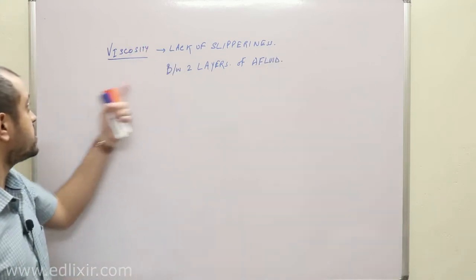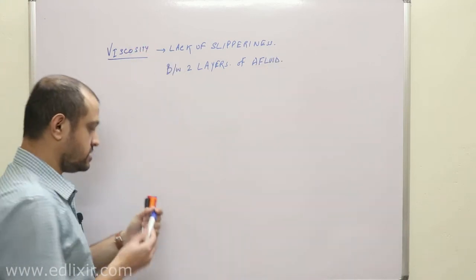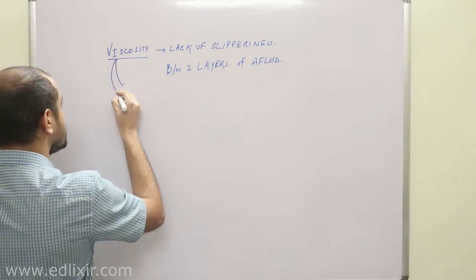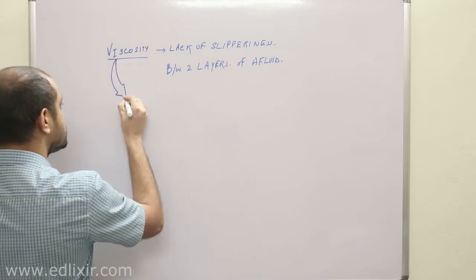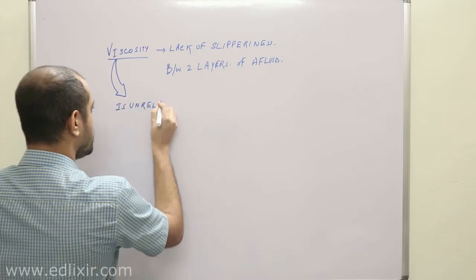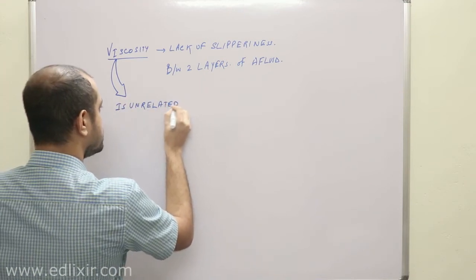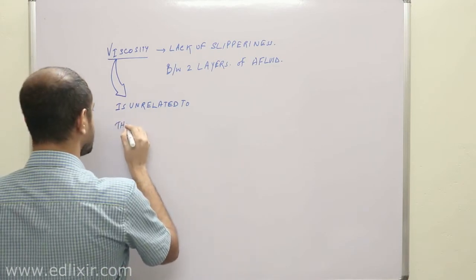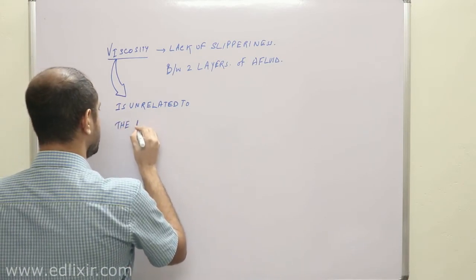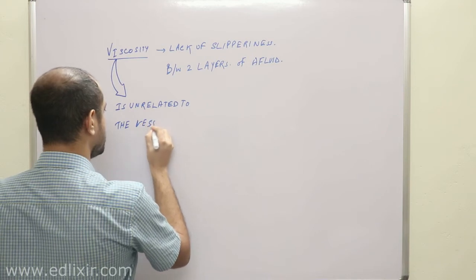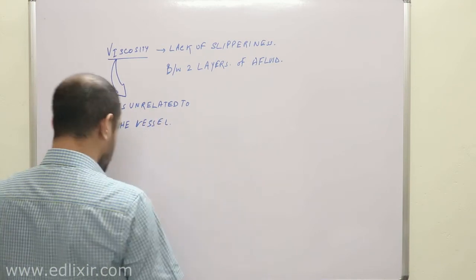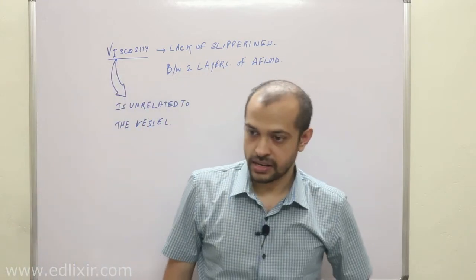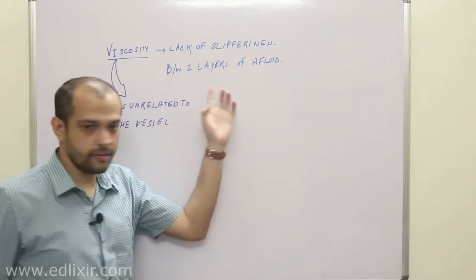Now a very important part about viscosity you need to understand is that viscosity is unrelated to the vessel in which the fluid is flowing. That means viscosity is an intrinsic property of the fluid. Clear? It's an intrinsic property of a fluid.